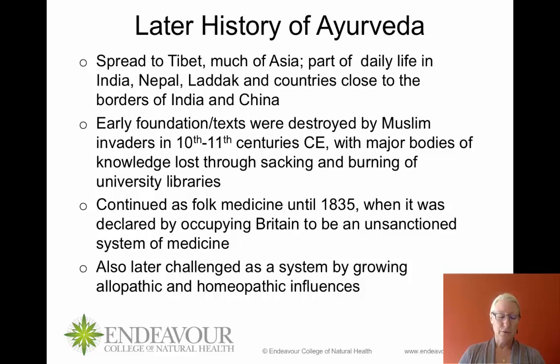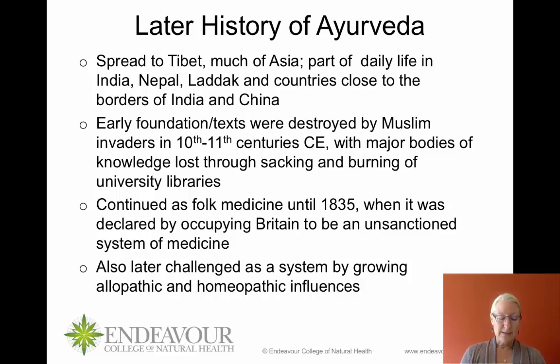And so we see Ayurveda as having spread out of India into neighboring areas. This is very similar to the way that Greek medicine spread into Europe, and we'll see that in a few weeks. Not uncommon for something that is working in many ways to be replicated or spread to surrounding areas.